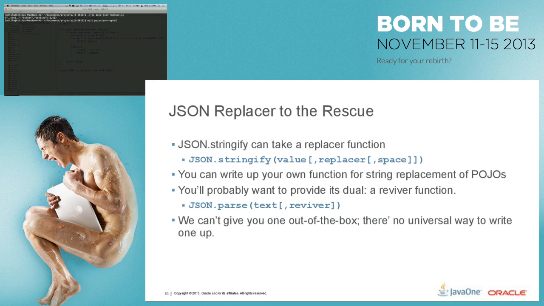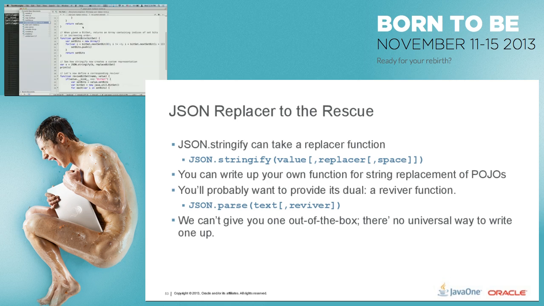Okay, so if I want to get this back, I also need to write another function, the reviver, which does the reverse operation. When it's given one of these JSON objects, it can recreate a java.util.BitSet, read its bits and set them back.